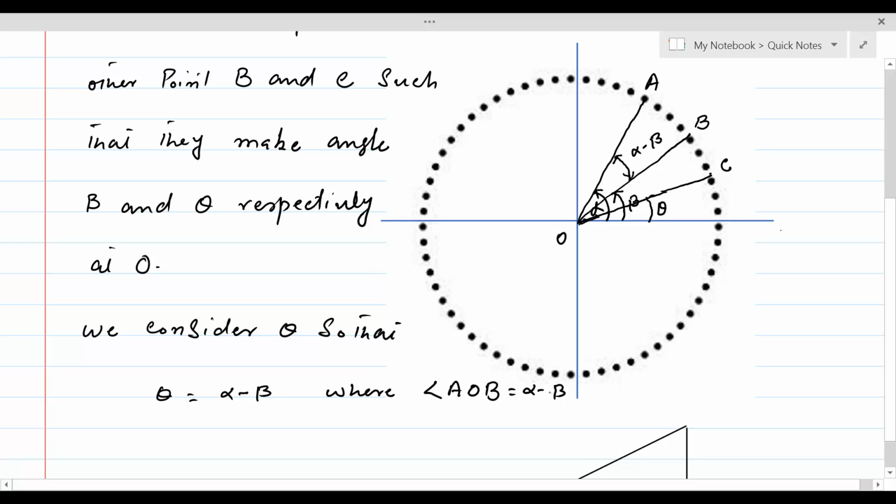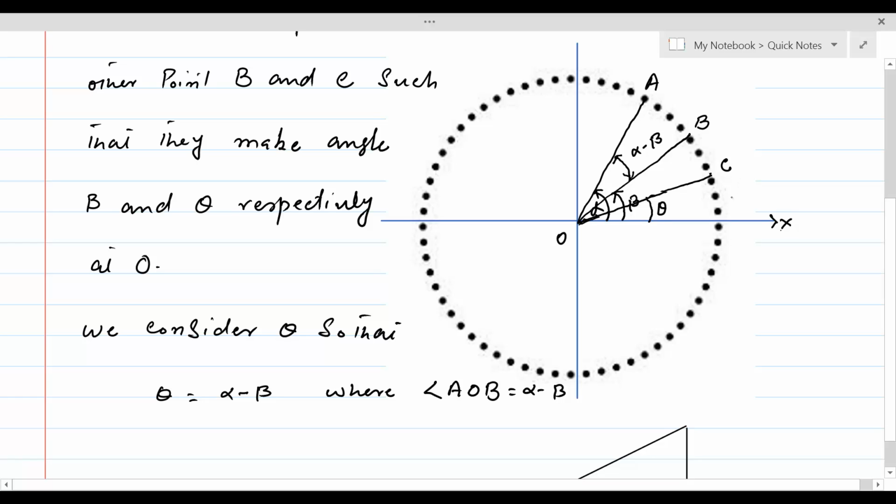So this is the angle which rays OA and OB are making among themselves, while alpha is the angle from the x-axis being made with OA, and beta is the angle which OB is making with the x-axis.